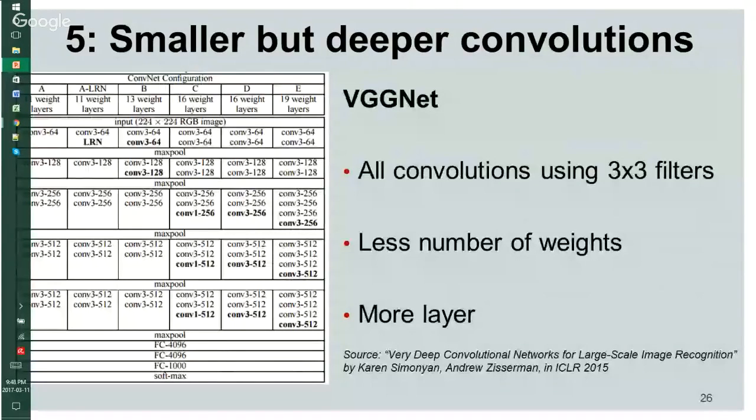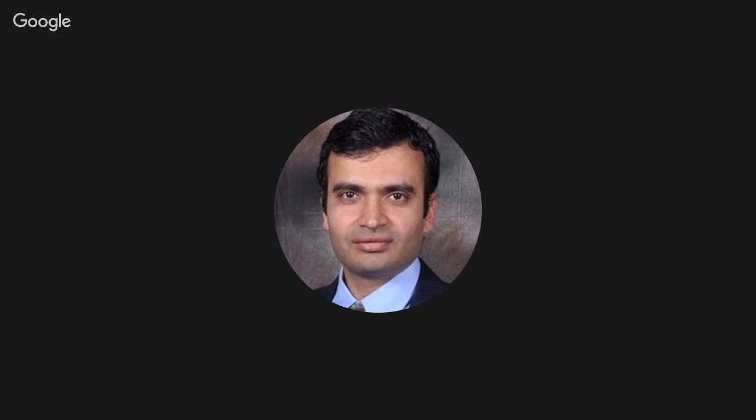Every time you go from 7 to 5 to 3, you are reducing the number of weights by n squared, so 3 squared, right? For each layer you're using very few weights, but now you can increase the number of layers. VGG had 19 layers to experiment with on the ImageNet data, and they got very fantastic results.